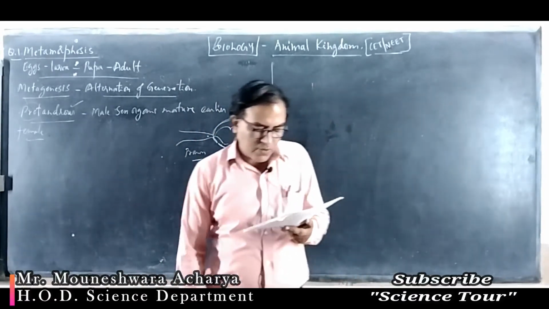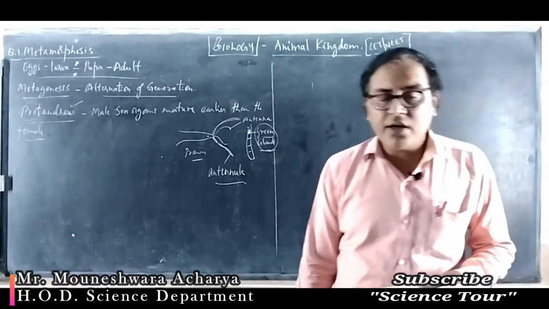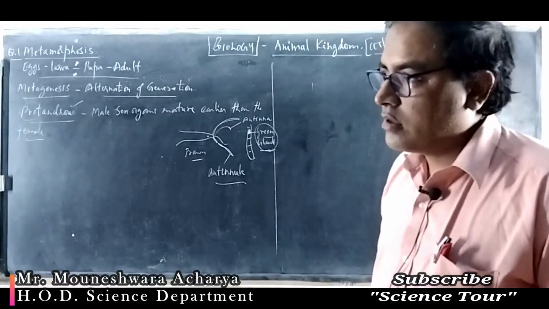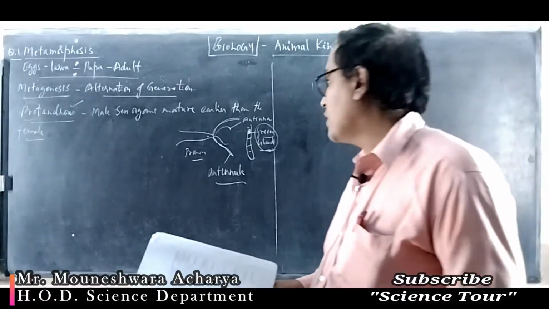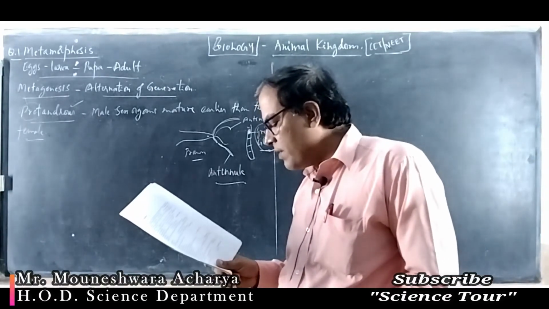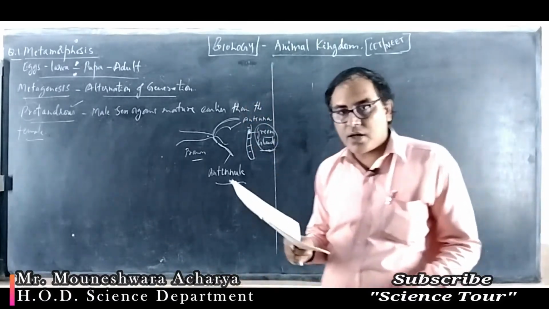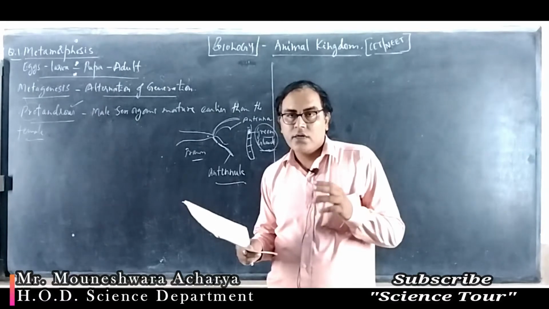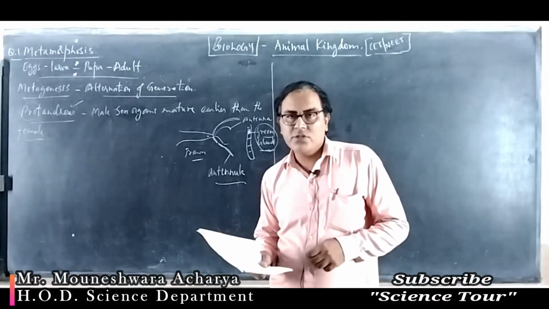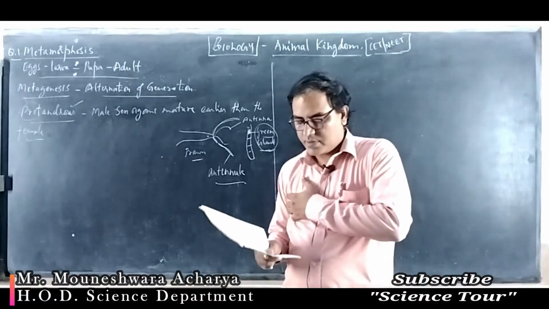Question number 10, which one of the following is not a poisonous snake? ಇದರಲ್ಲಿ ವಿಷದ ಹಾವು ಯಾವುದಲ್ಲ, ಈ ಕೆಳಗಿನವುಗಳಲ್ಲಿ ಸೆಲೆಕ್ಟ್ ಮಾಡಿ. ಎ ಕೋಬ್ರಾ, ಬಿ ವೈಪರ್, ಸಿ ಪೈಥನ್, ಡಿ ಕ್ರೇಟ್. Cobra or king cobra, that is Ophiophagus hannah is the scientific name.